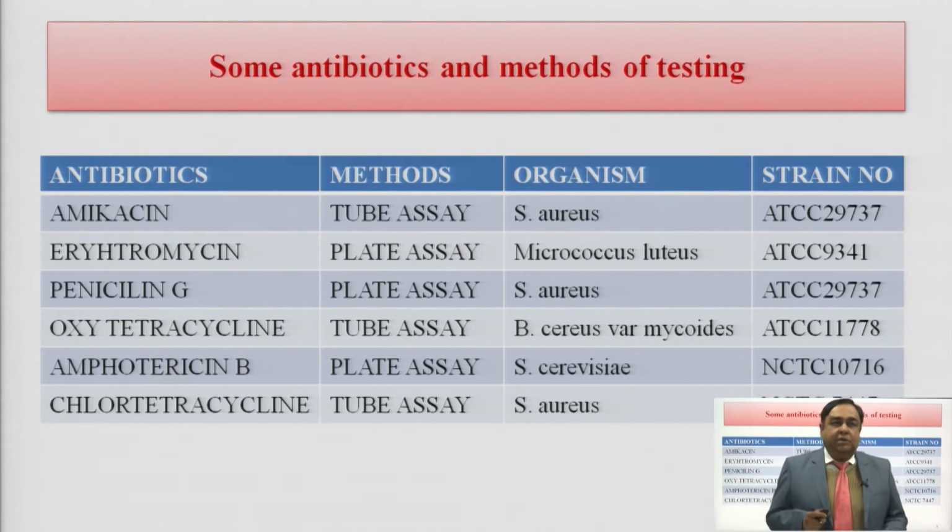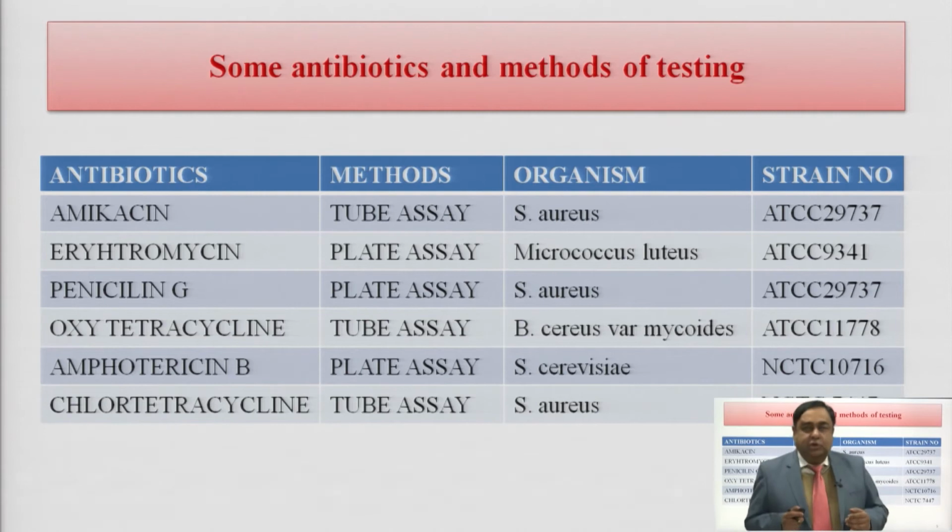Now, amikacin is estimated by the Turbidimetric method, erythromycin is estimated by couplet method, penicillin G estimated by couplet method, oxytetracycline estimated by tube dilution method, amphotericin B estimated by couplet method, and chlortetracycline estimated by tube dilution method. These methods are specified by Indian Pharmacopoeia.